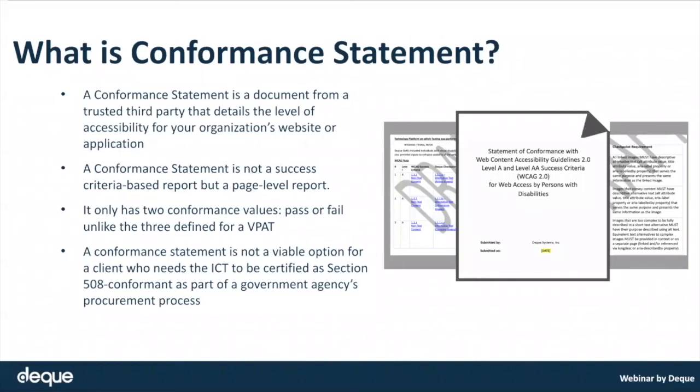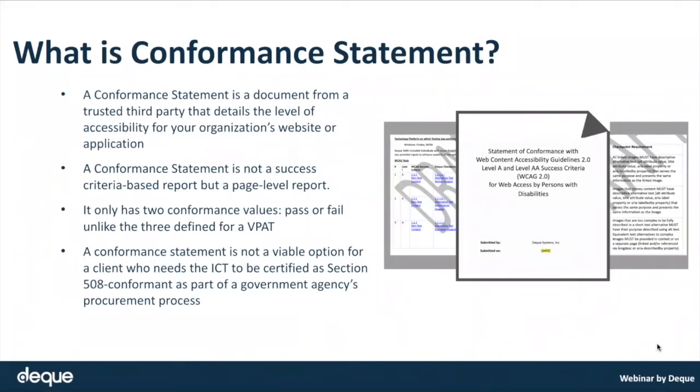Does not support means issues against the SC are present in multiple pages. Partially supports is the contrary. There may be 1 or 2 instances, and you need to specify those in the remarks column as well. What type of issue and where it is present also needs to be part of the VPAT, whereas a conformance statement will not be covering those aspects.